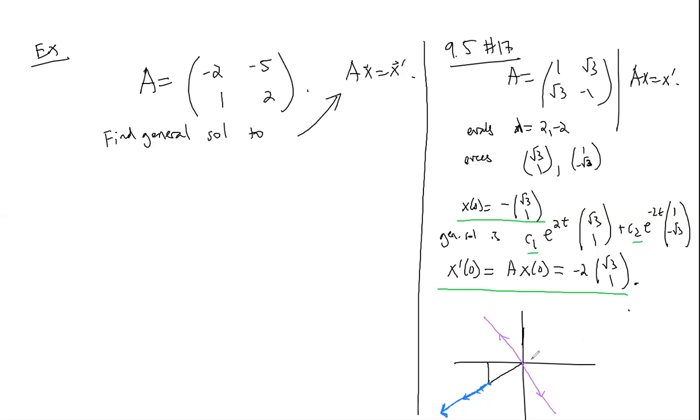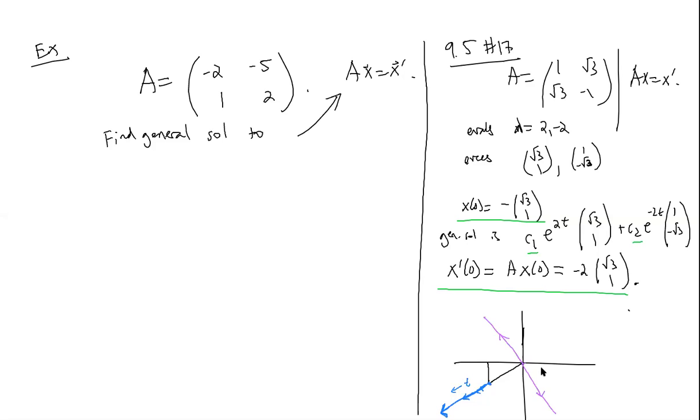It's kind of interesting. Along this blue ray, you start at negative root 3, negative 1, and then the derivative is still in that same direction, so it just pushes you out as far as possible. As time increases, you just go to infinity.